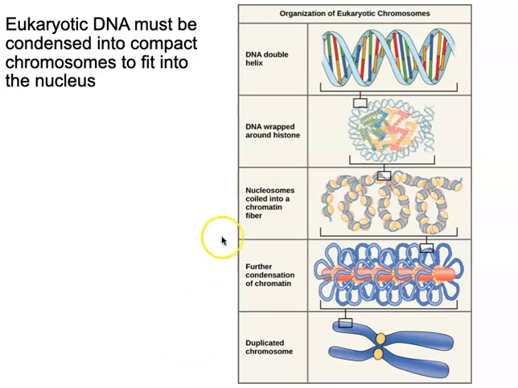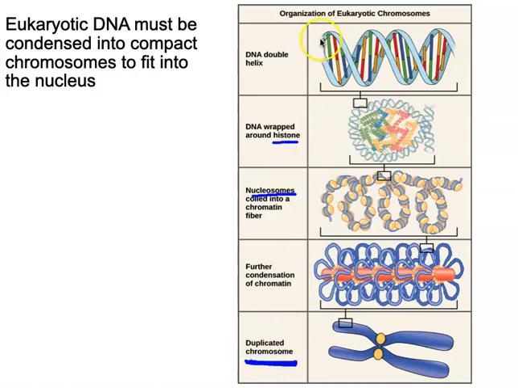And what's going to happen is once you've done that, those histones will then coil around themselves so that you make up what's called a nucleosome. So that's the coiled structure here. And then you finally condense this, such that you end up with what we would call condensed chromatin matter. And that's how you actually end up making a chromosome.